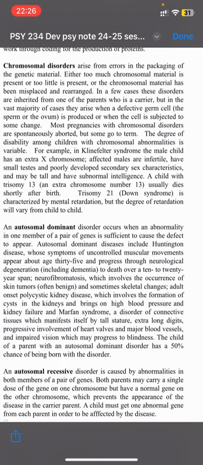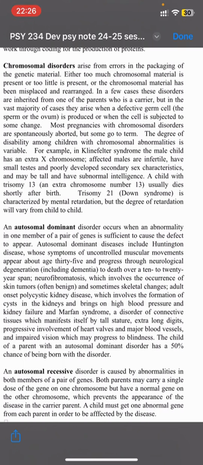So now we have autosomal dominant. An autosomal dominant disorder occurs when an abnormality in one pair of a gene is sufficient to cause the defect to appear. Meaning that you don't need the gene to be homozygous in nature. So autosomal dominant just means that once one of it is there, you'd be symptomatic.